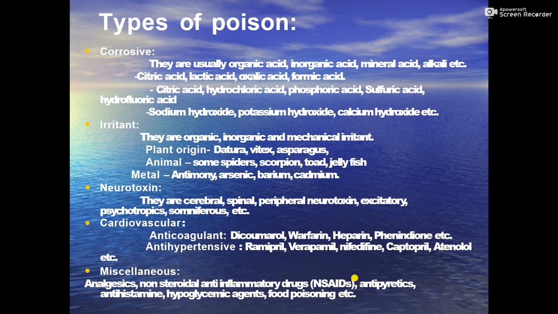As I have mentioned, different anticoagulants like dicumarols, warfarin, heparin and phenindione, all these are anticoagulants which prevent your blood from clotting. Definitely if they are taken in a huge and large concentration, they become toxic and will produce toxicity.